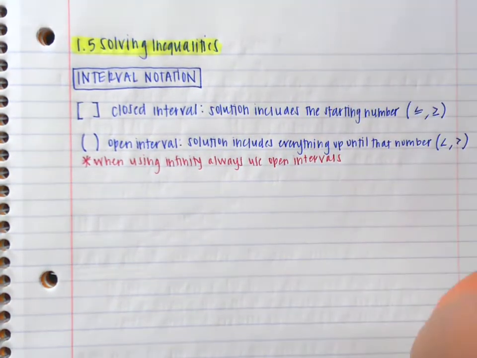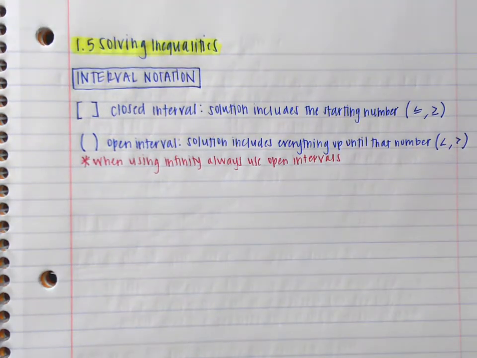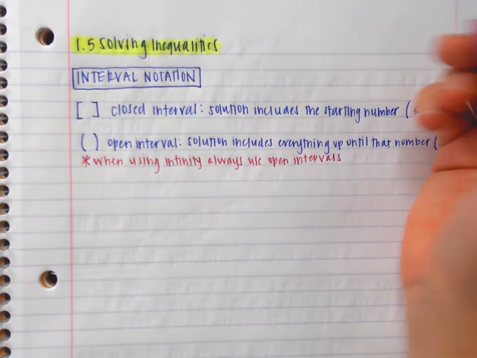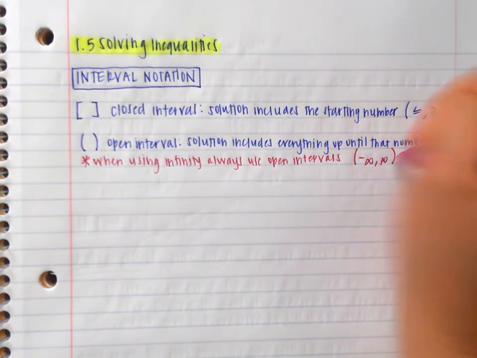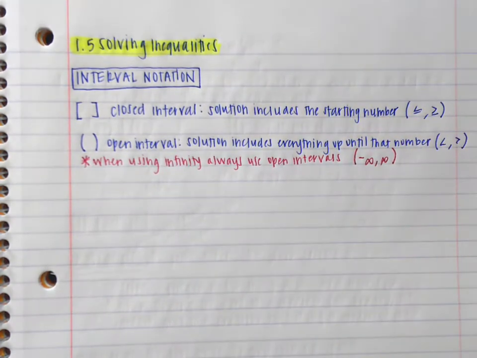So if your domain was all real numbers, the way that we would write that in interval notation, because all real numbers is essentially every number between negative infinity to positive infinity, we'd write it like that, negative infinity to positive infinity. That was a terrible infinity sign, sorry.